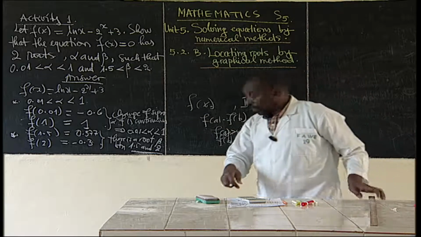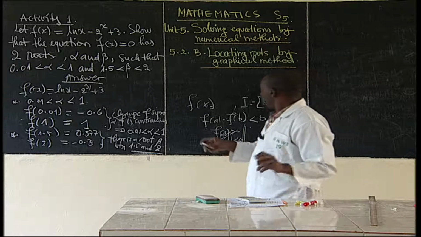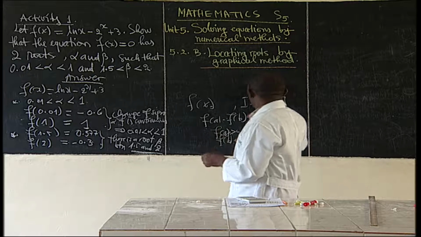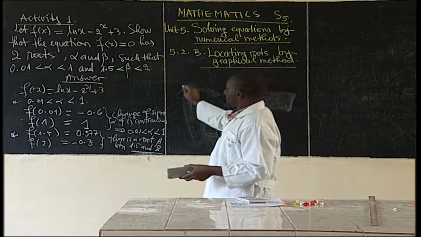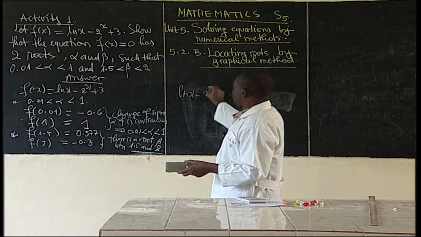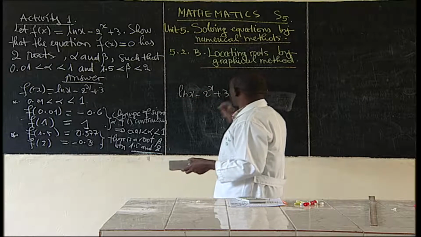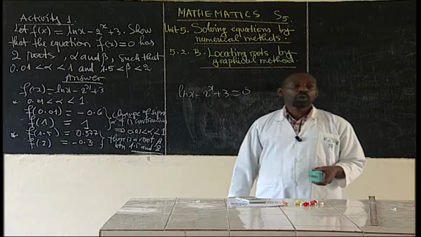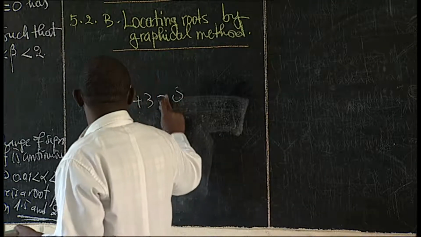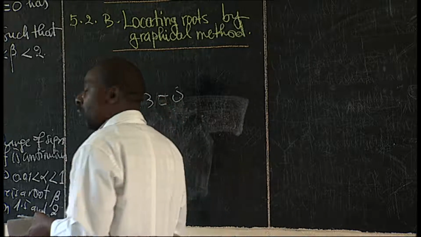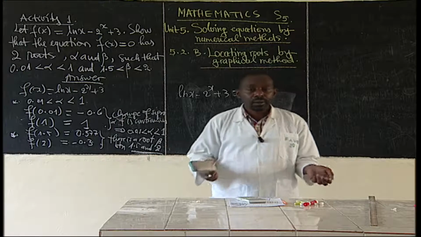Dear students, if I try to solve that equation, ln of x minus 2x plus 3 equals 0, solving this equation is not easy. I can try, but at a certain level, I'll be stuck.